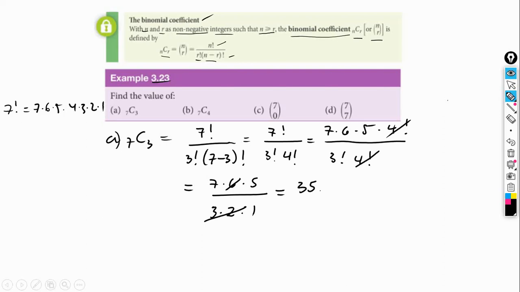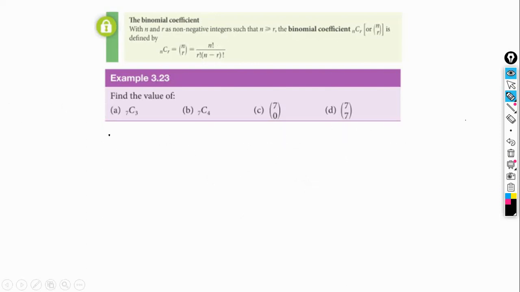So let's take a look at B. So for B, they want us to find the binomial coefficient with this, right? 7 combination 4. So this is going to be 7 factorial over 4 factorial times (7 minus 4) factorial. So 7 factorial over 4 factorial times 3 factorial.